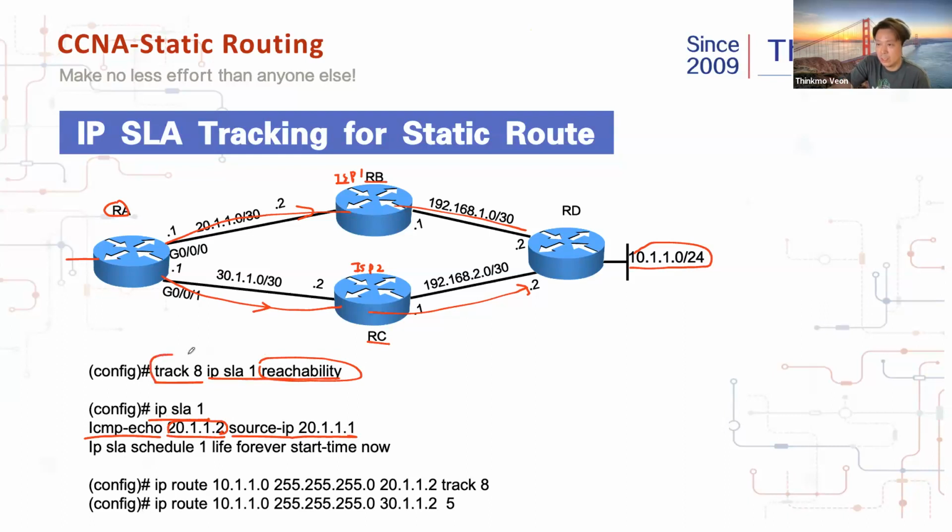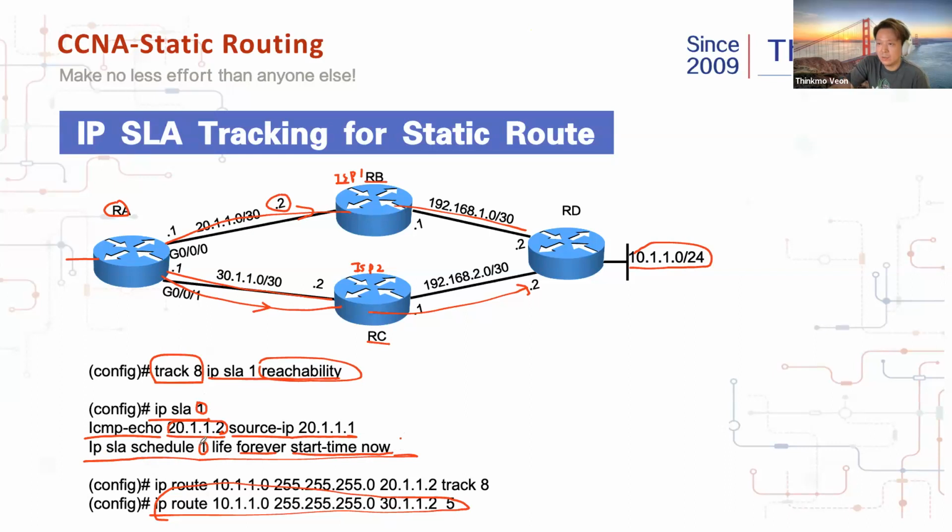So therefore, there's a track here. Track means that it will always check the reachability, using 20.1.1.1 to ping 20.1.1.2. If this ping fails, then it will take this second static route as a backup, which is this path. So what does this command mean? This command means that IP SLA will schedule this SLA number 1, lifetime forever, and the start time is now.